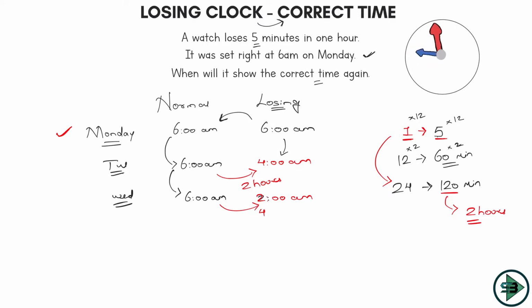Then you will keep on going like this. Let's say 6 am Thursday. In 72 hours, it lost 6 hours. If it lost 6 hours, take out 6 from this. What is remaining is 12. So it will show 12 here now.